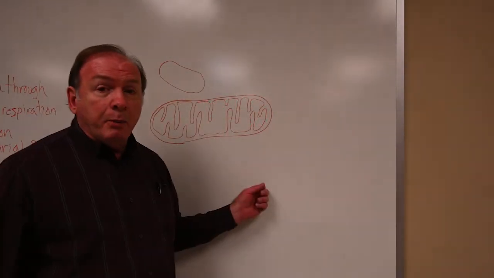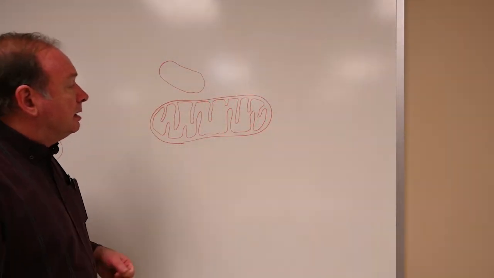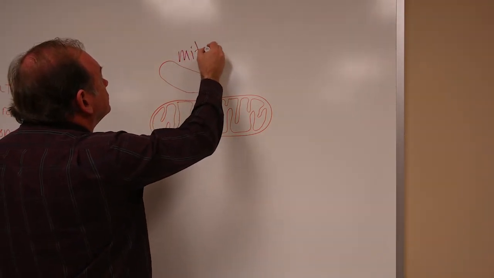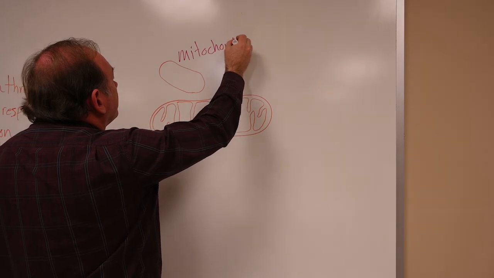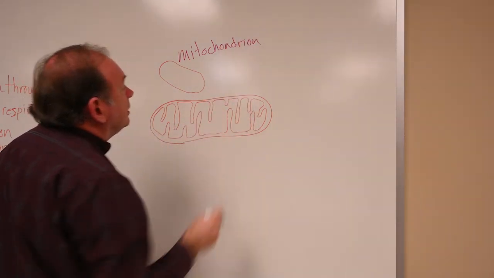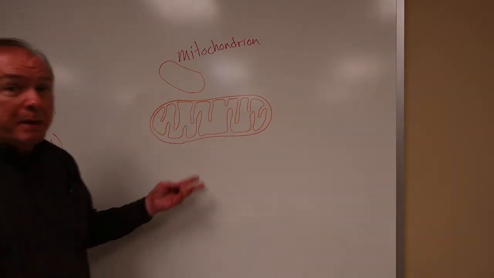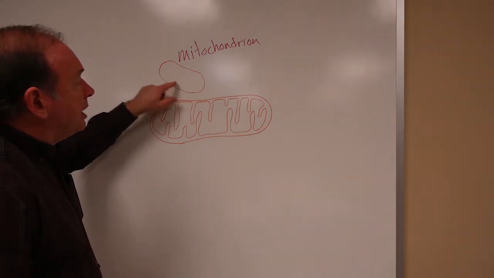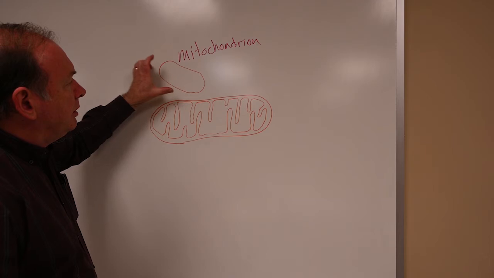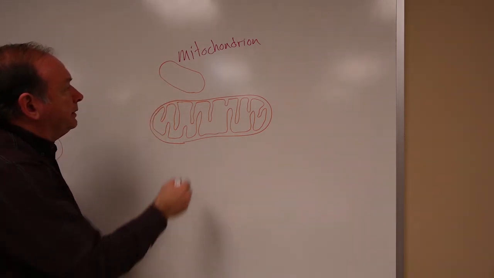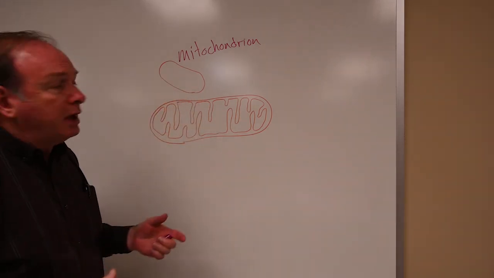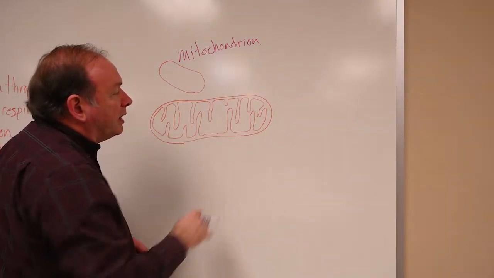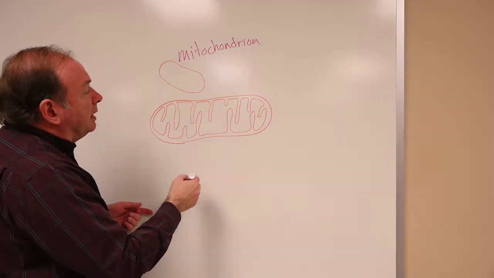Our next membranous organelle is the mitochondria. There are many mitochondria within a cell. They have this very simple shape. Generally, they can be more rounded or they can be longer, but they're basically like a small sausage shape kind of thing, rounded at the ends and then otherwise cylindrical.